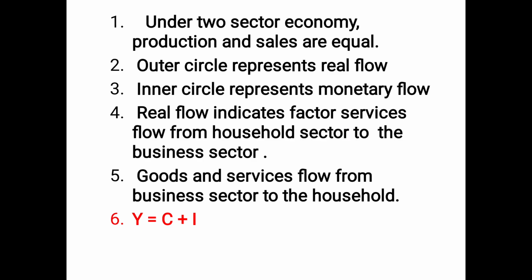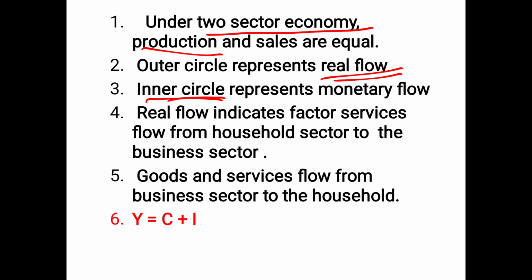Now under the two-sector model, the descriptive part of it is that two sectors are involved in production. Which are the two sectors? Household and firms. The outer circle represents the real flow and the inner circle represents the monetary flow.